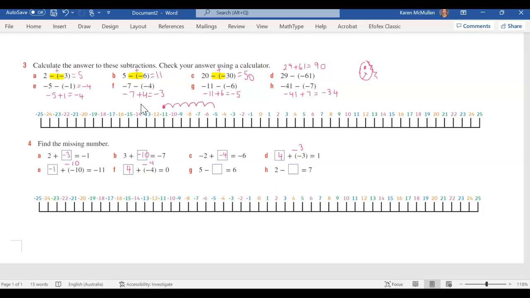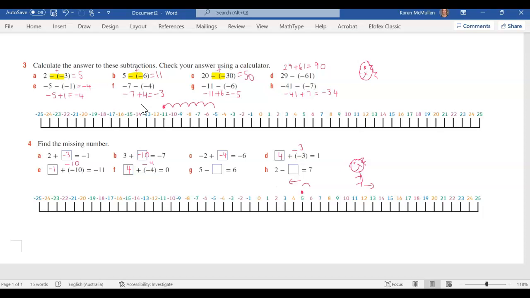So again, we can start at 5. This time we're going to be facing the negative direction, and we want to end up at 6. So remember, Narelle is facing the negative direction, and she's moonwalking backwards.